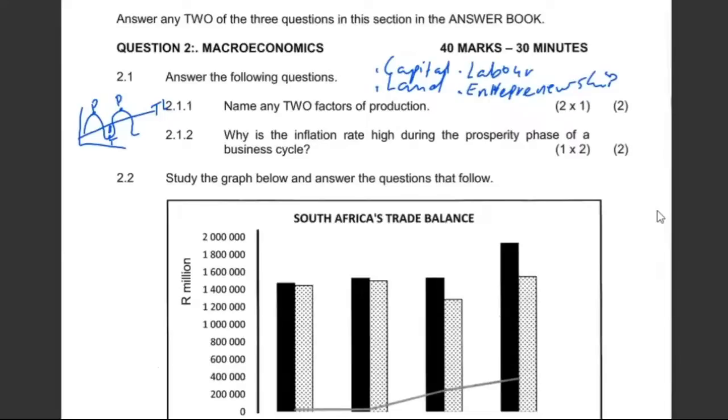Okay, right. So now the moment these economic activities take over from the trend line towards the peak, we are saying that this is a prosperity phase. And the moment the business activities are classified under the prosperity phase, it means that the economy is doing marvelously, right, or good. That is the indication that there is going to be experience of economic growth as well as economic development.